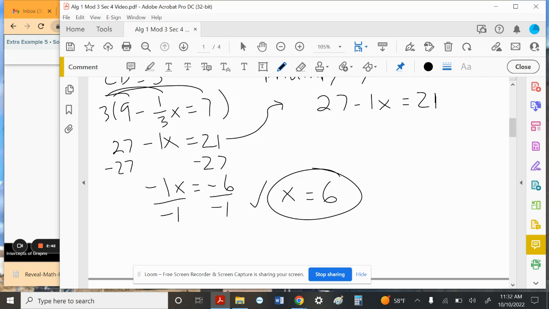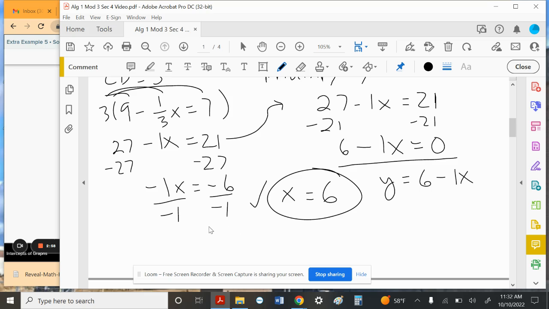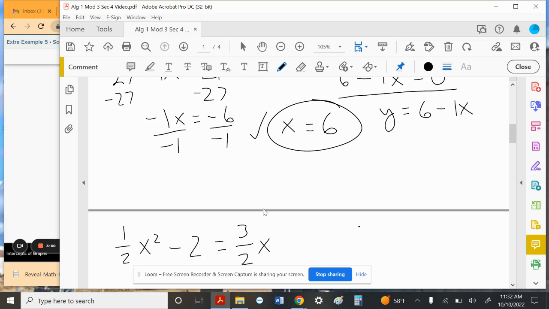So again, we want to move everything to one side. I get 6 minus 1x equals 0. Now, when I get everything to one side, I have y equals 6 minus 1x. When I get it that way, I'm then going to graph it.